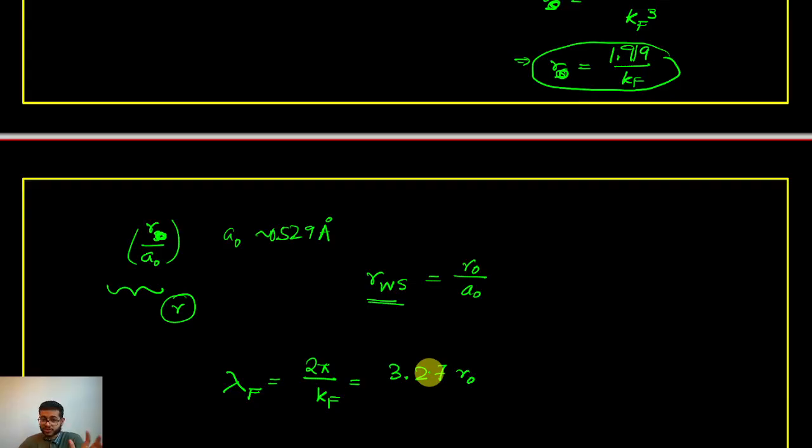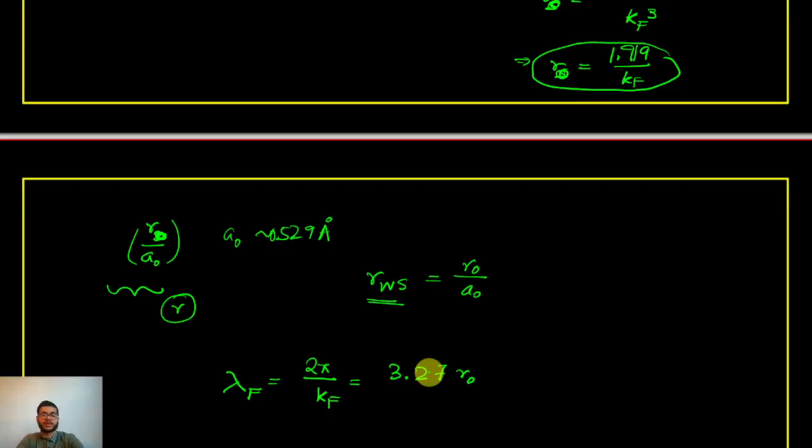The r naught is large for some and small for others. There are tables of calculated r naught, and these tables are very useful for people who are dealing with materials. A large r naught means that the density is low and the interactions will be low, but for strongly correlated materials r naught will be small, so interactions will be large.